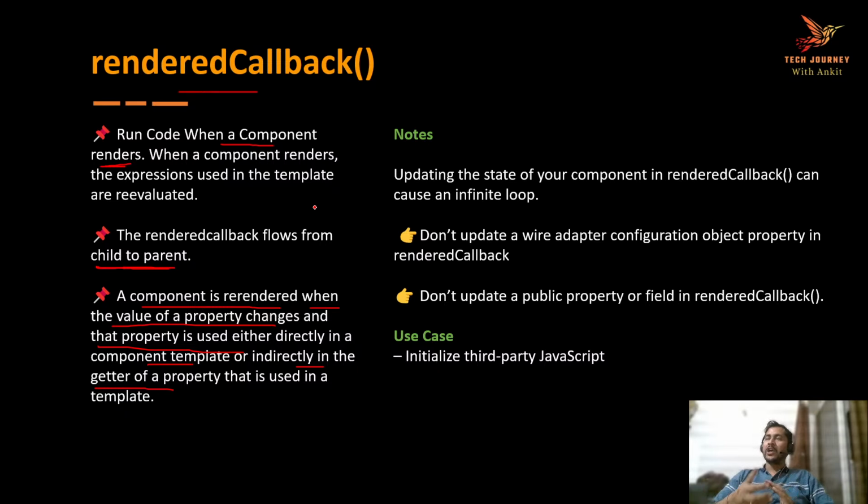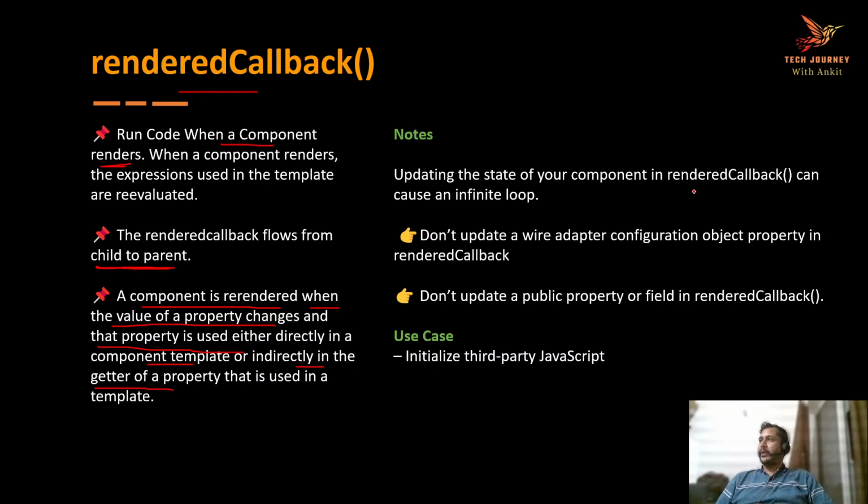Or in case you want your logic to execute only once, then you definitely have to do special handling of the code, because whatever logic you write in the rendered callback will execute multiple times automatically, since the callback is called multiple times. So you have to be very, very careful whenever you write any logic inside the rendered callback.